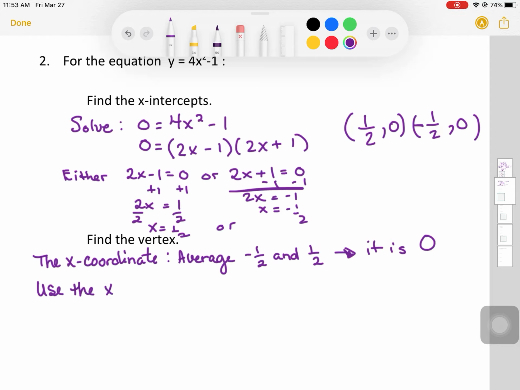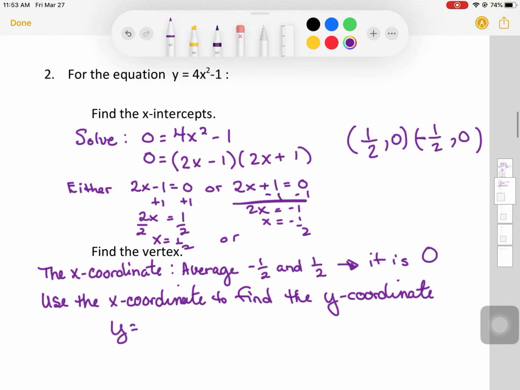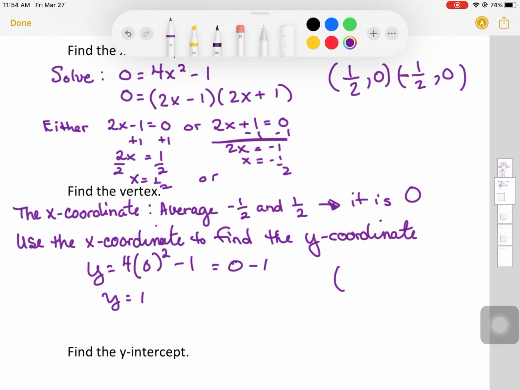And then I'm going to use the x coordinate to find the y coordinate. So I'm going to say that y equals 4 times 0 squared minus 1. So it's 0 minus 1, so y equals -1. So these are the x-intercepts up here, and my vertex is at (0, -1).